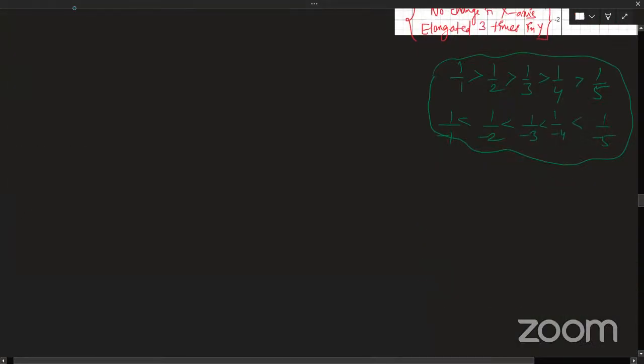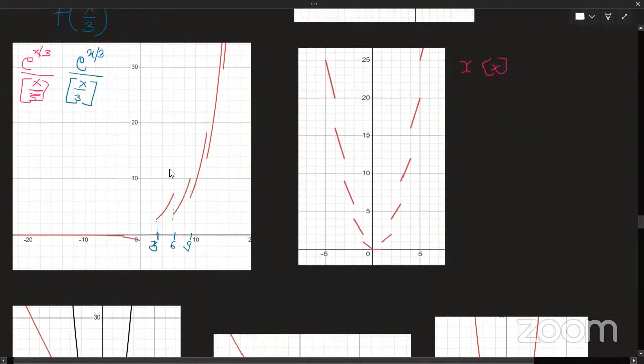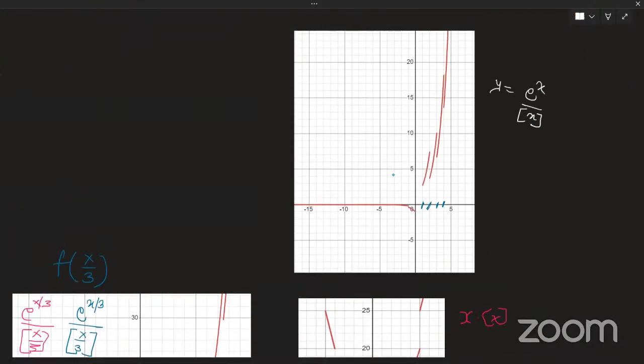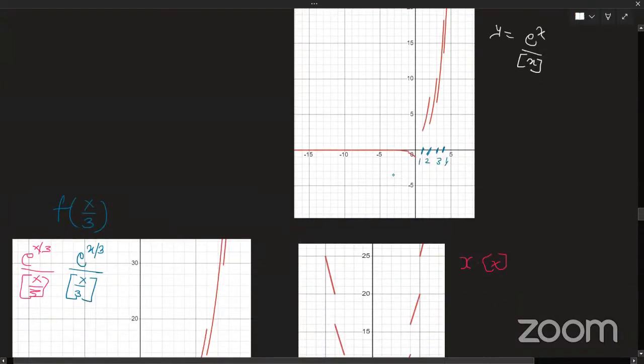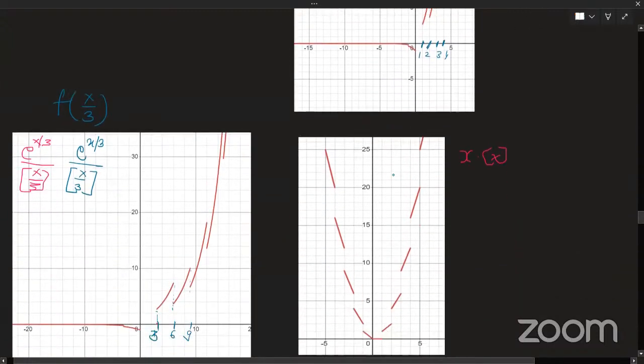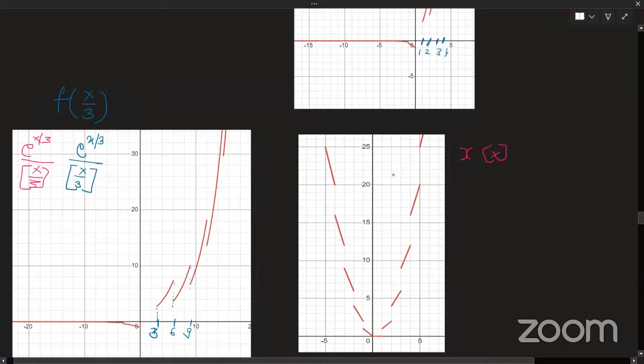You can see here also, this is 1, this is 2, this is 3, this is 4. So whatever was happening at 1, 2, 3, 4 will now happen at 3, 6, 9, and 12, multiplied by 3.